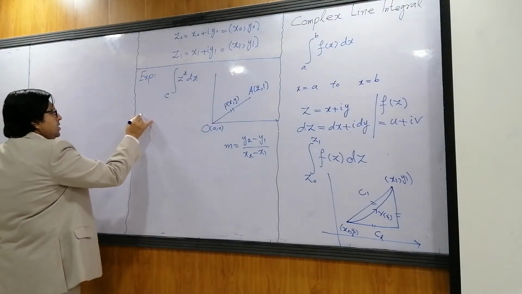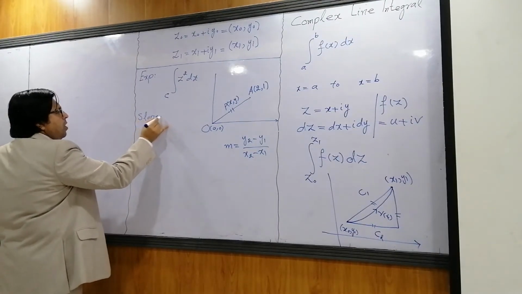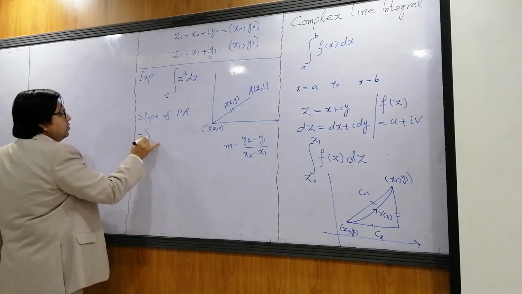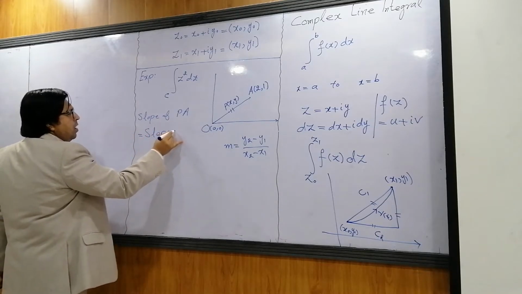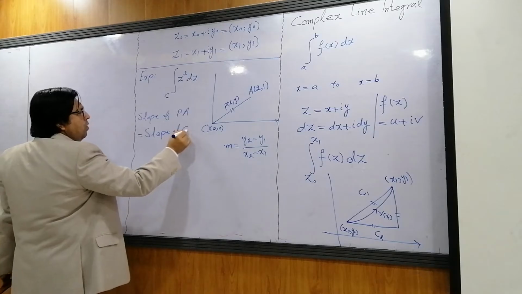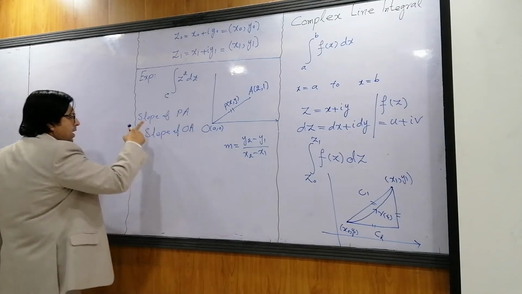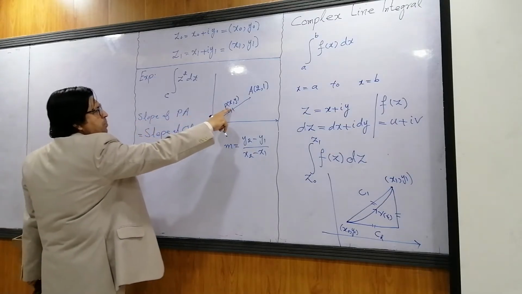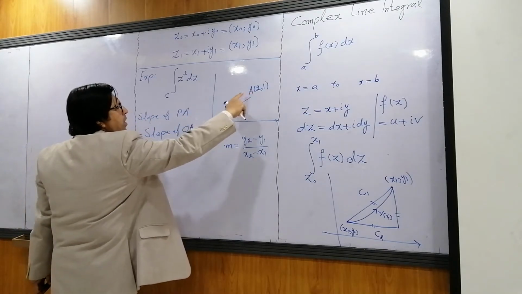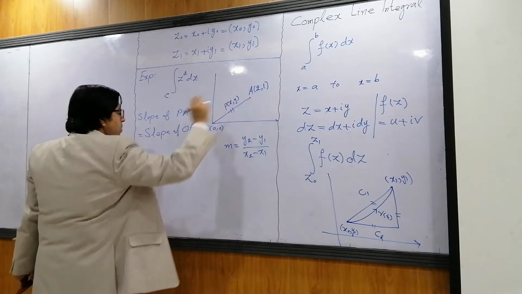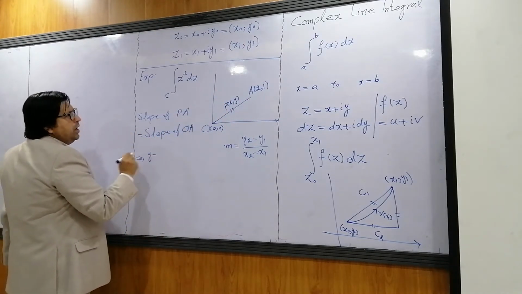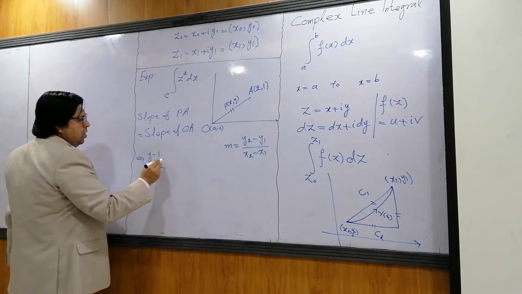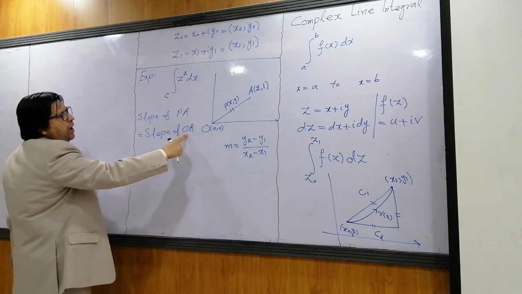So the slope of PA is equal to the slope of the line OA. The slope of PA is y2 minus y1 divided by x2 minus x1, so y minus 1 divided by x minus 2, which is equal to the slope of OA.